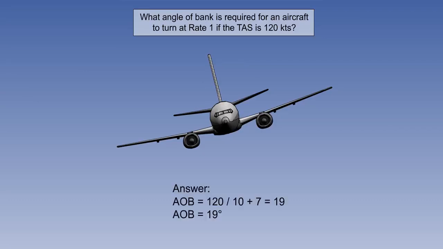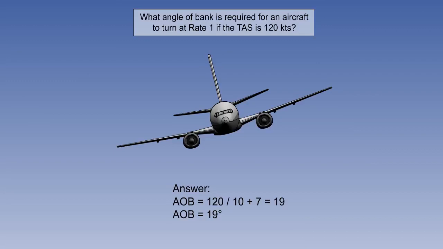Angle of bank equals 120 divided by 10 plus 7, which is 19. 19 degrees is therefore the required angle of bank for a balanced rate 1 turn at 120 knots. This concludes the lesson on the turn and slip indicator.